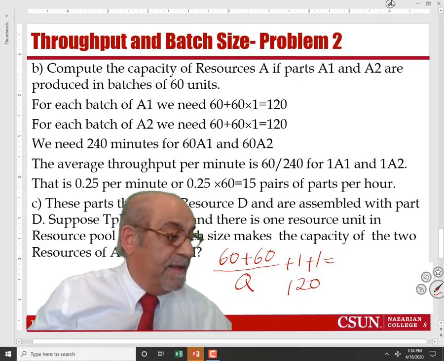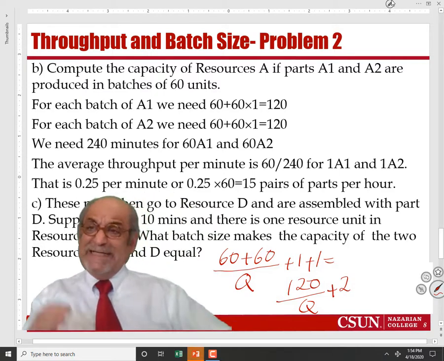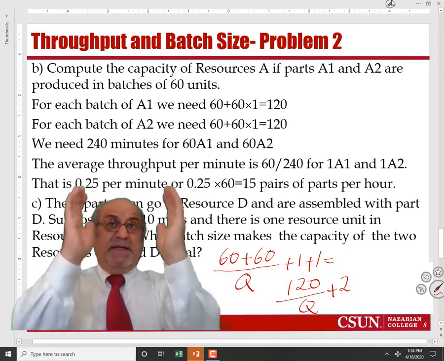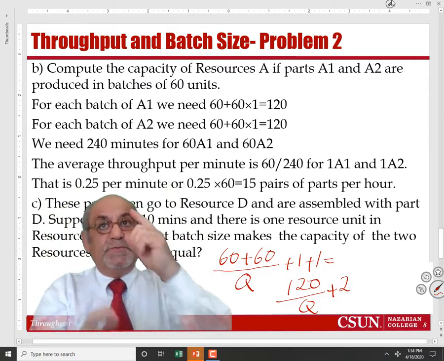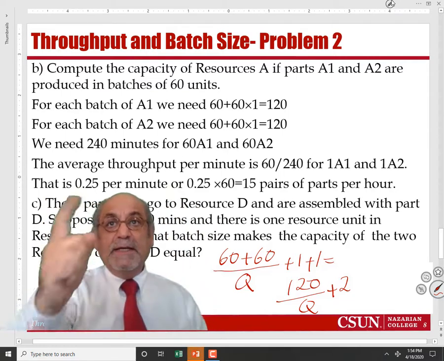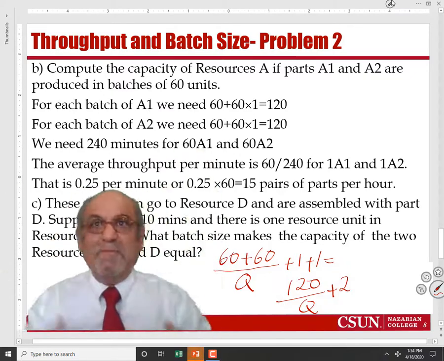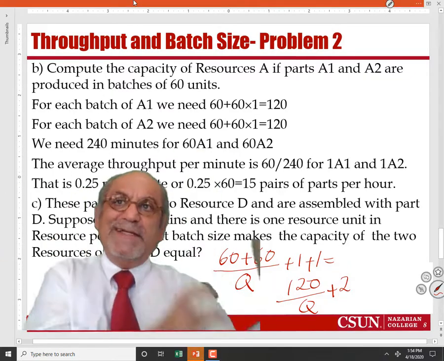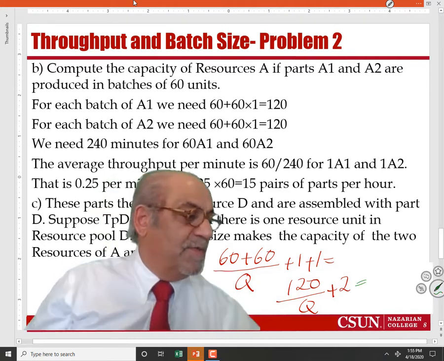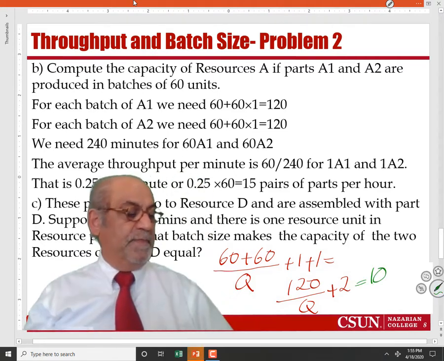That would be 120 divided by Q plus 2. That is the cycle time of a resource pool to produce 1 A1 and 1 A2 to be added to D and form a component. Cycle time of station D was 10 minutes.